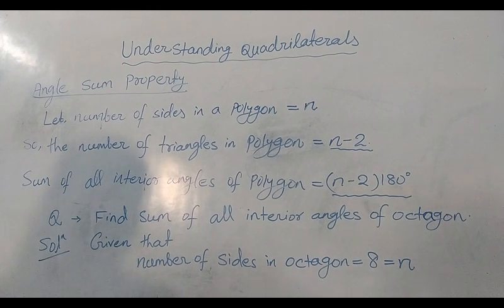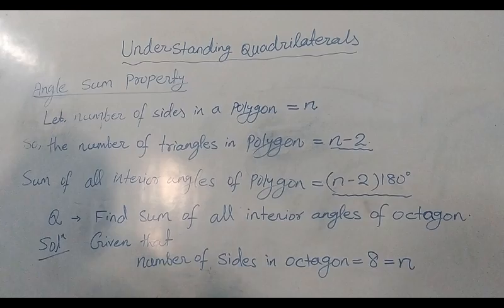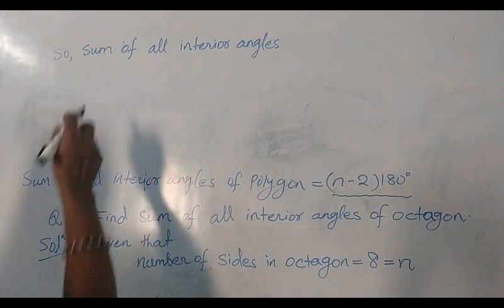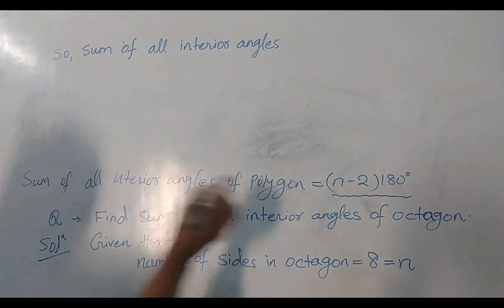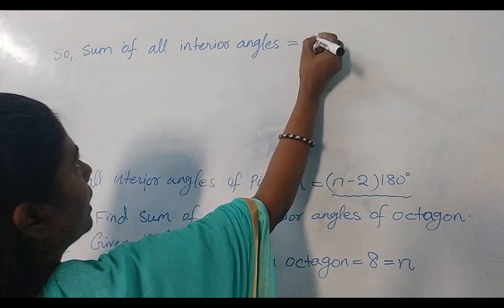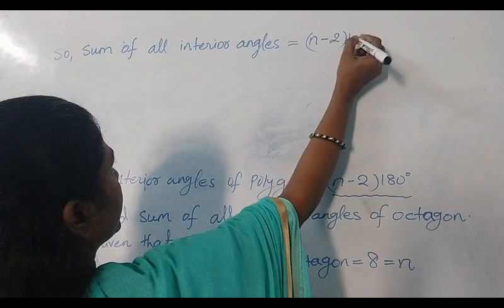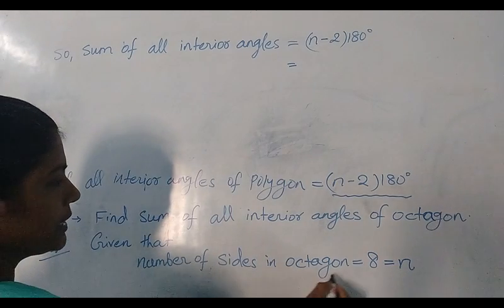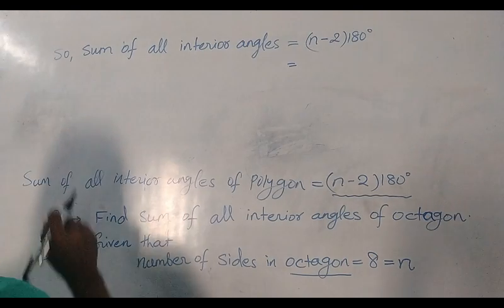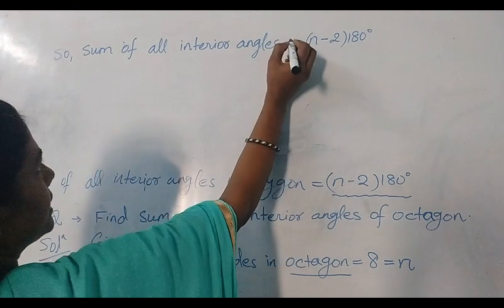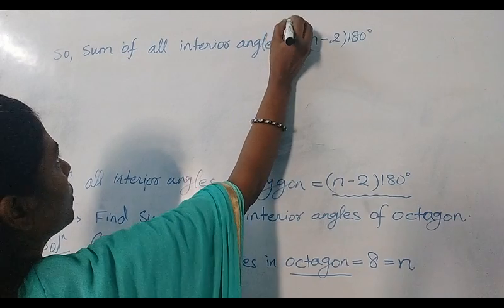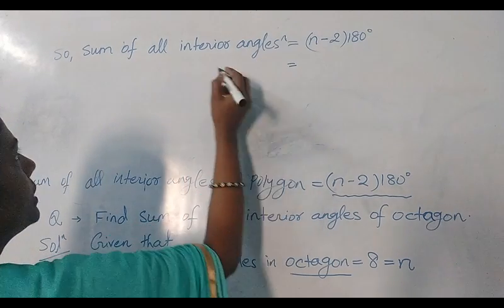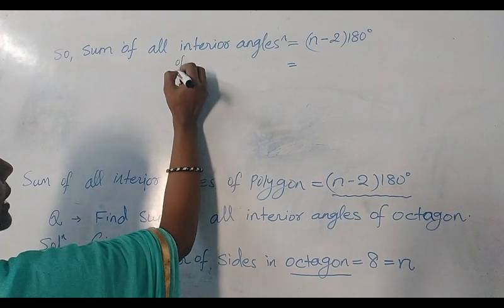So you have to find the sum of all interior angles. How can you find it? Just look here. The sum of all interior angles is given by this formula, n-2 into 180 degrees. We are going to find the sum of all interior angles of the octagon.